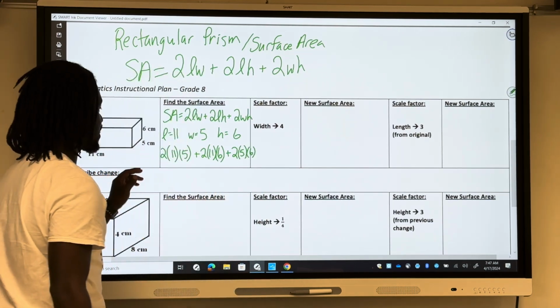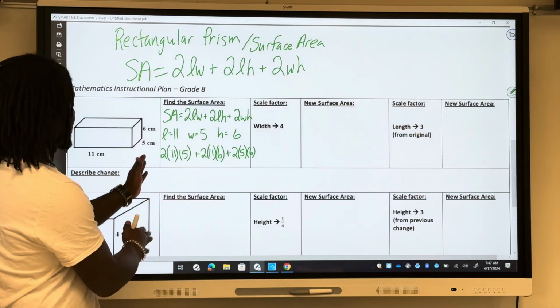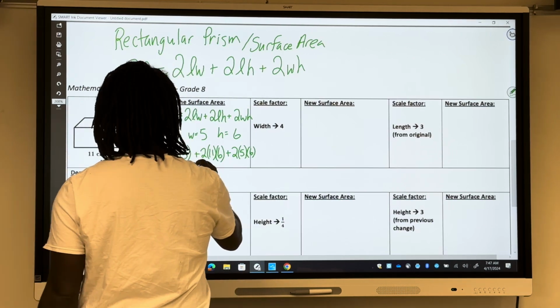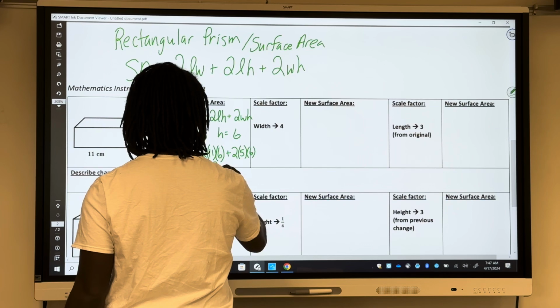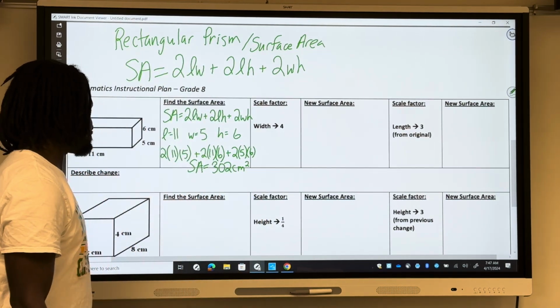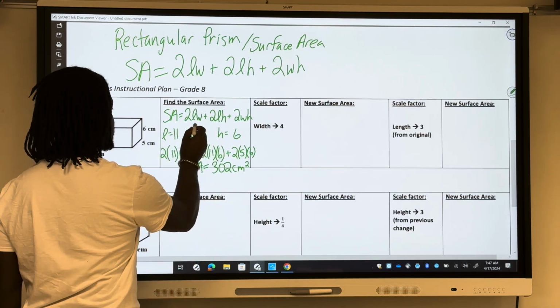So I'm just multiplying and adding those. You can put that in Desmos exactly as it's written. And when you do that, you're going to get that the surface area is 302 centimeters squared.